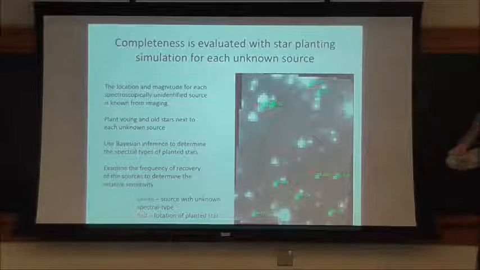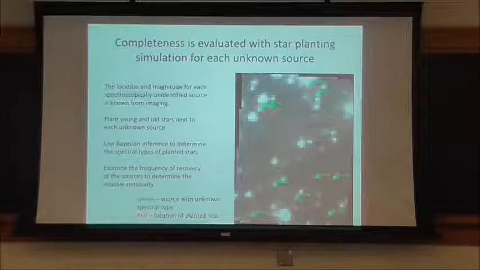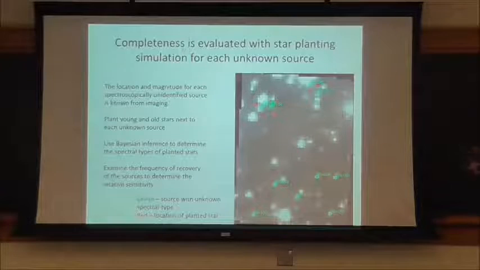But before we do that, there's another piece of information that's not included, which is the effect of confusion. At the galactic center, because there are so many stars, where you are can really affect your sensitivity to being detected. This is kind of shown here. These green circles are stars that don't have spectral types.